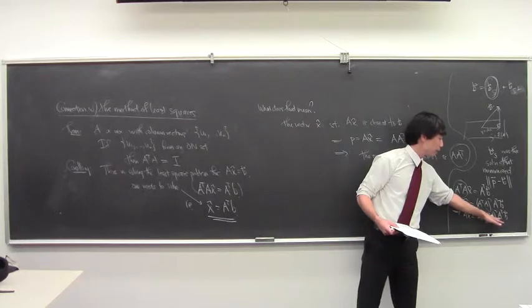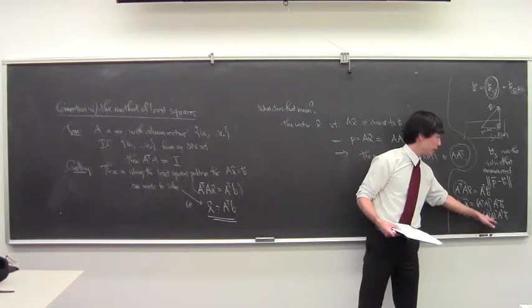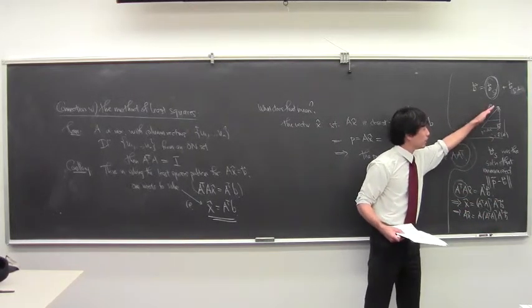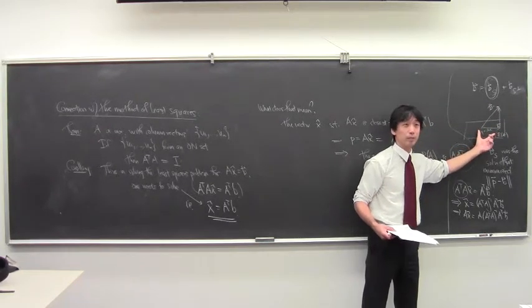That this thing on the right, A (A^T A) inverse A^T B, is the projection of B onto the plane RA.